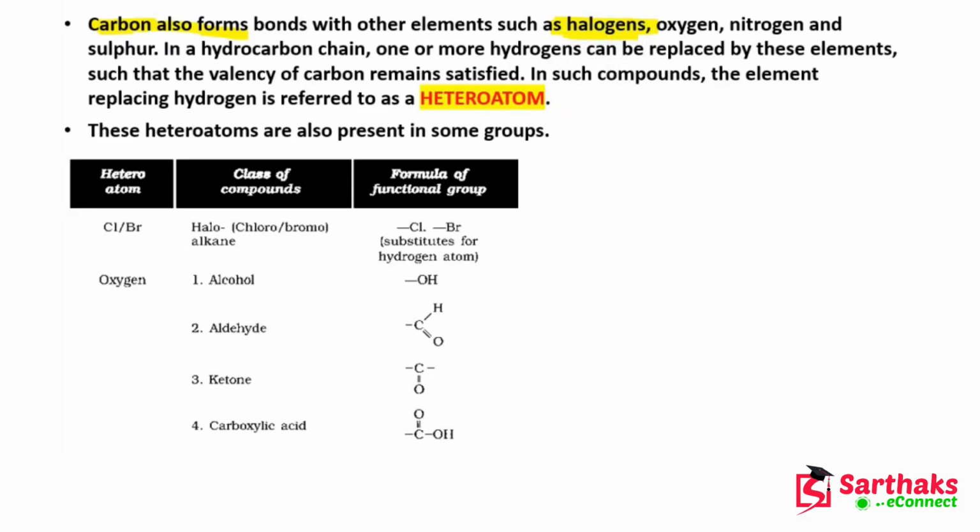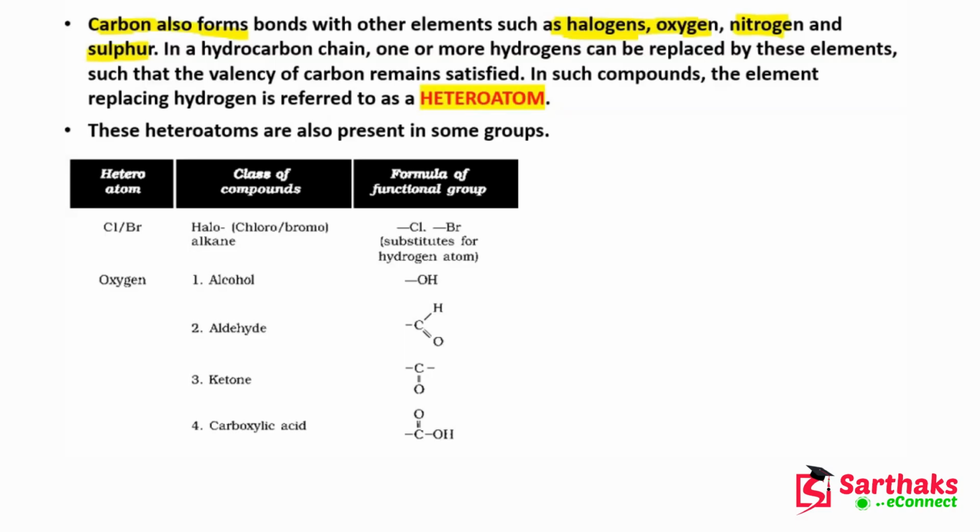Carbon also forms bonds with oxygen, nitrogen and sulfur. So guys, in a hydrocarbon chain, one or more hydrogens can be replaced by these elements such that the valency of carbon remains satisfied. In such a compound, the element replacing hydrogen is referred to as a heteroatom.